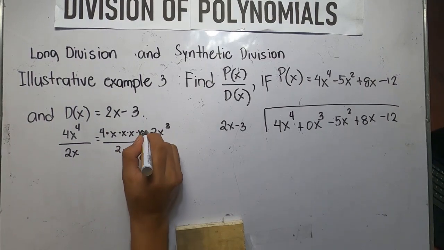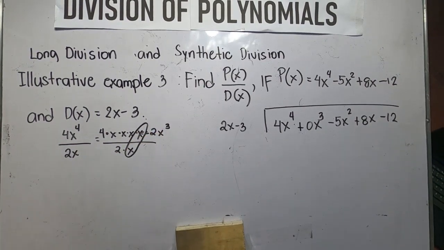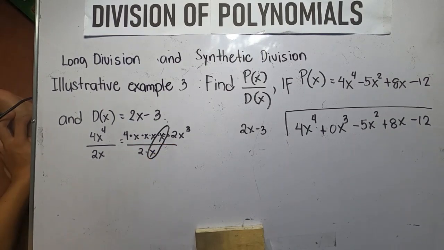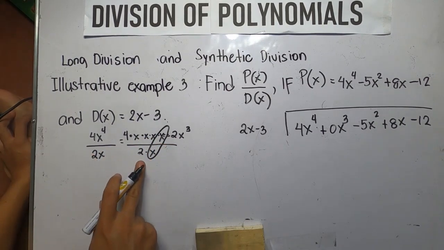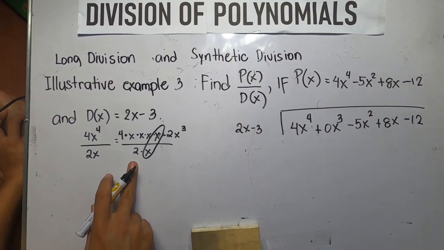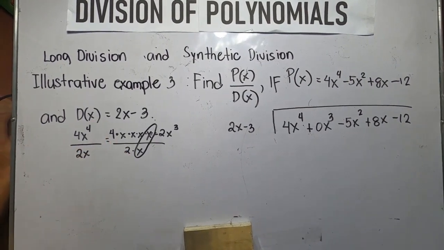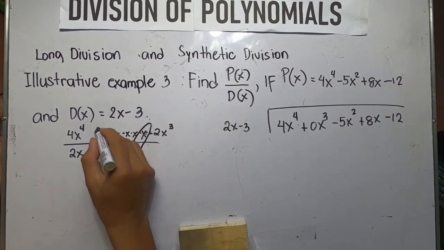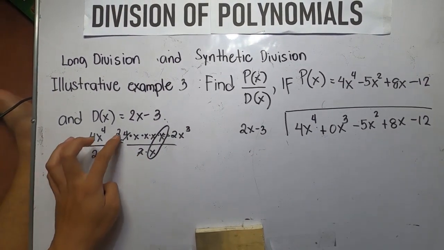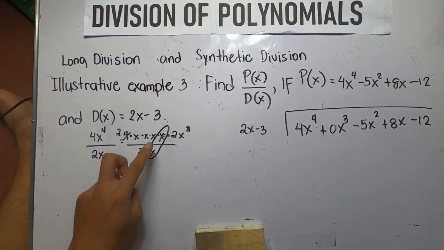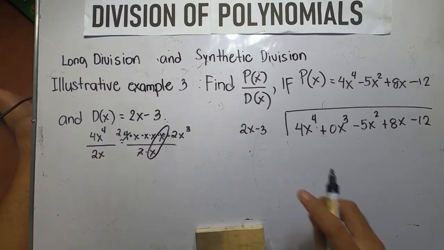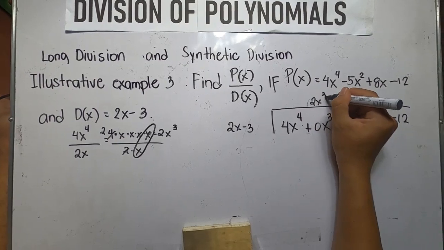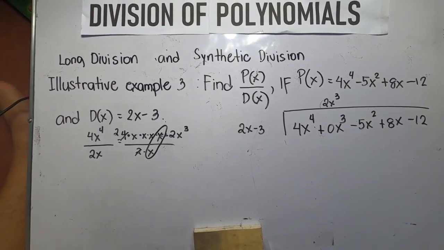We can cancel again one pair of x. What will remain is 4 times x times x times x divided by 2. 4 and 2 has a common factor. We can divide that. 4 divided by 2 is equal to 2. So this will be 2. So 2 times x times x times x by laws of exponents is 2x cubed. So we write 2x cubed on top of the second term.